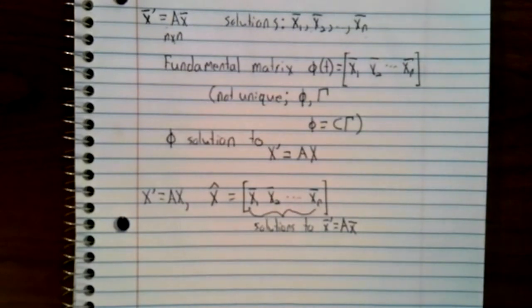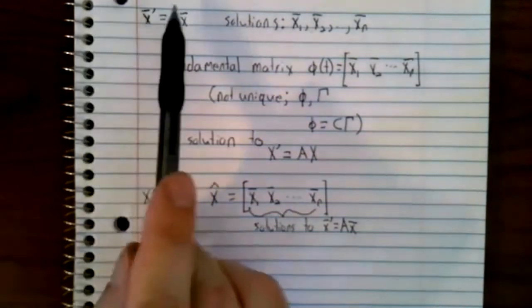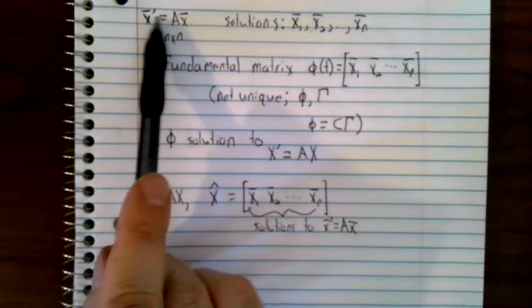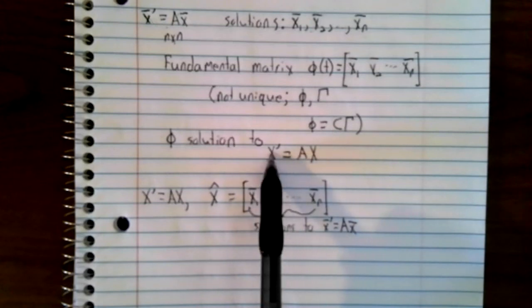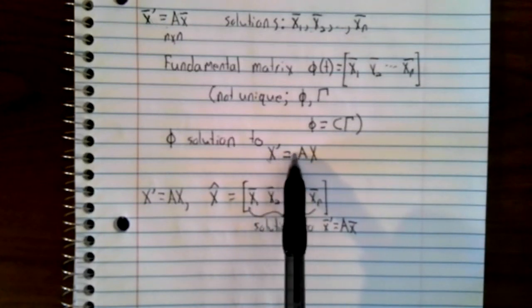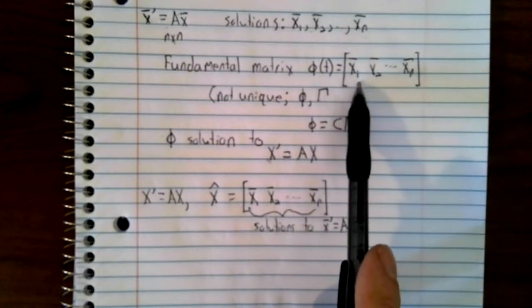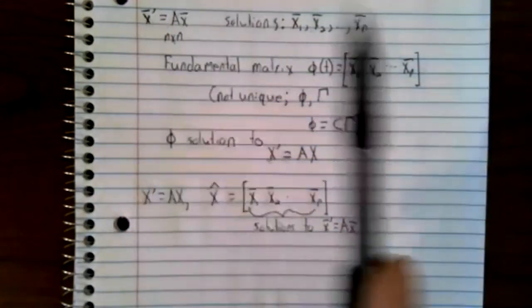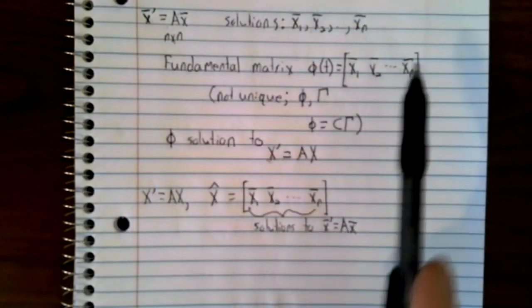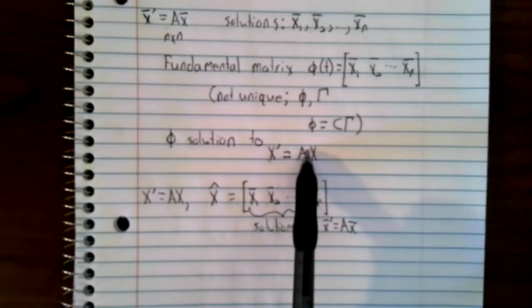So if we can solve a vector differential equation, we can solve the corresponding matrix differential equation. Put n linearly independent solutions of this into the columns to solve this.